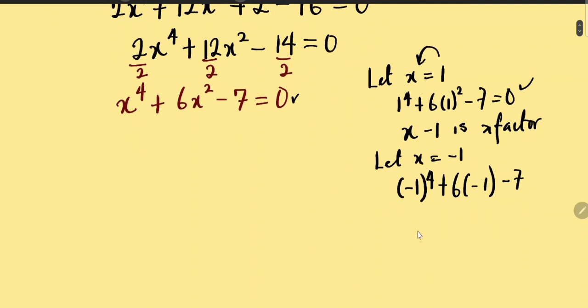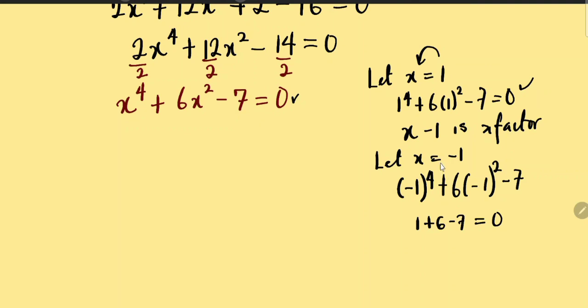Minus 1 raised to the power of 4 will definitely give us 1, because the power is an even number. So we have 1 plus, then don't forget this is power 2, 6 into negative 1 raised to power 2. Negative 1 raised to power 2 will still give us positive 1. Positive 1 times 6 gives us 6, minus 7, definitely is going to give us 0. Therefore, x equal to minus 1 is also one of the roots.